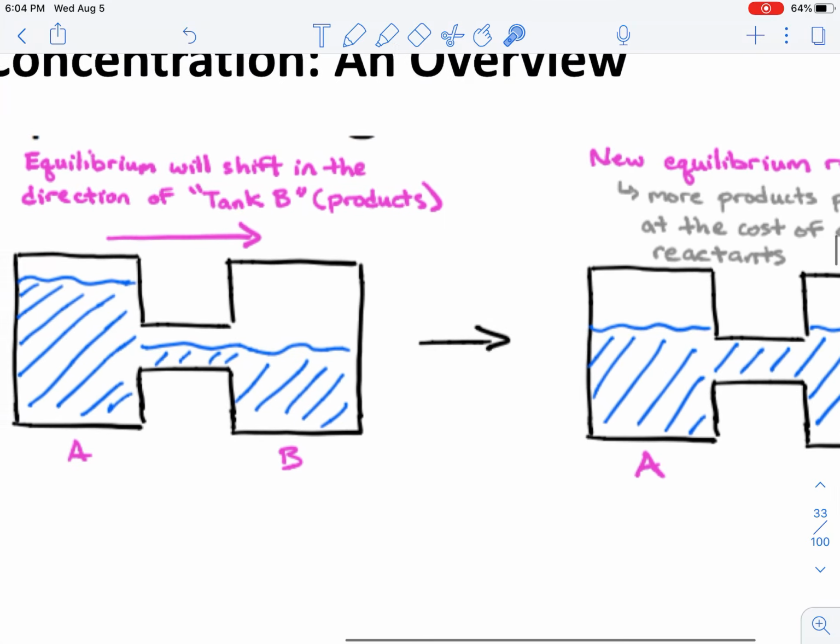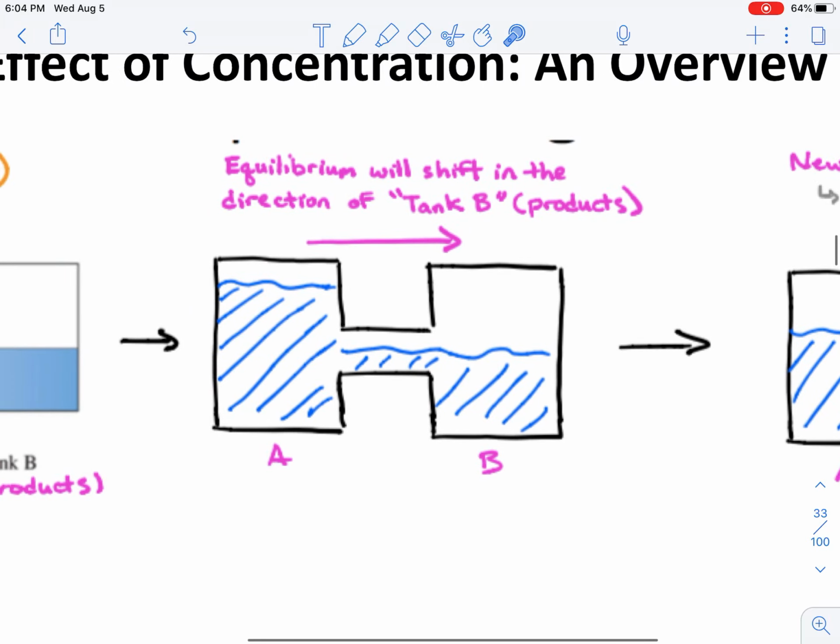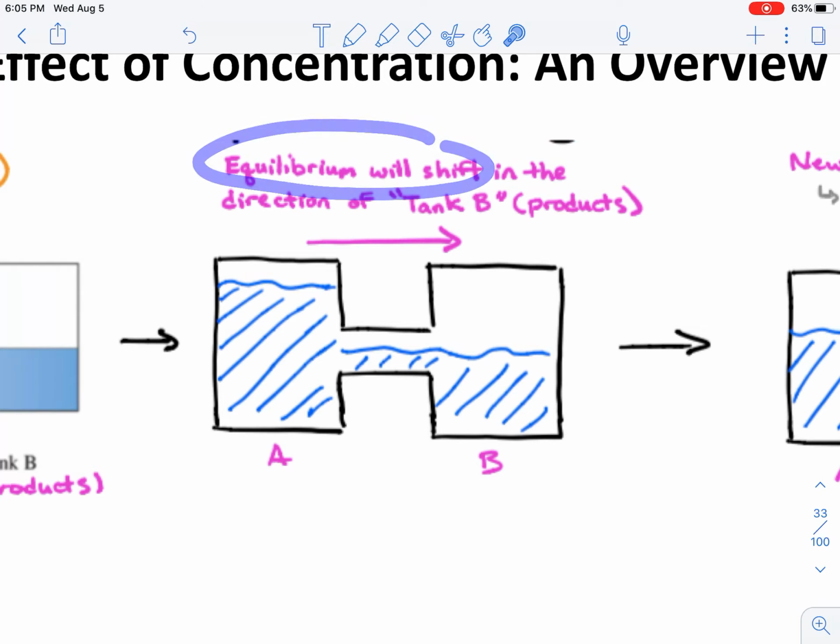Overall, there was a net shift in the direction of this liquid moving from tank A to tank B. And so we're going to say that the equilibrium will shift in the direction of the production of products.